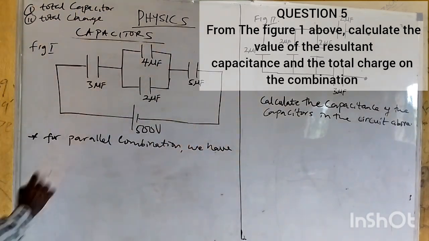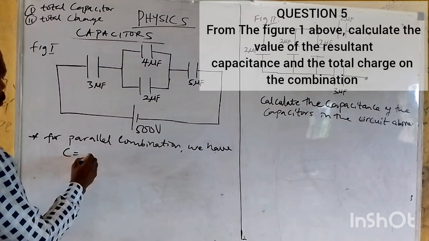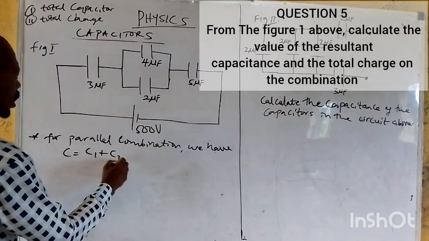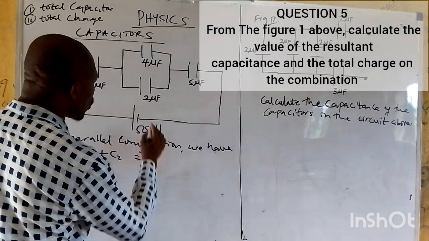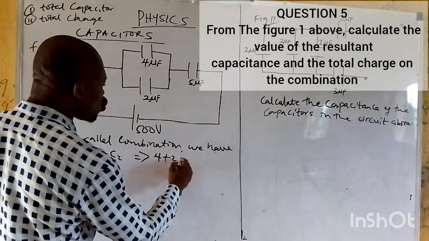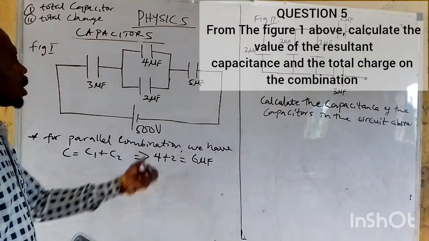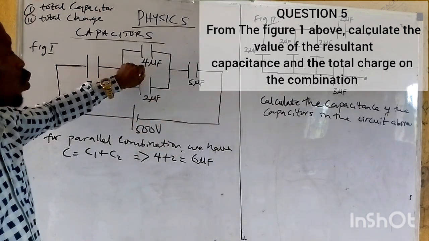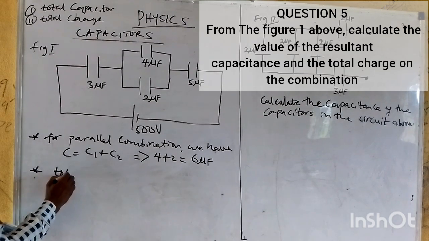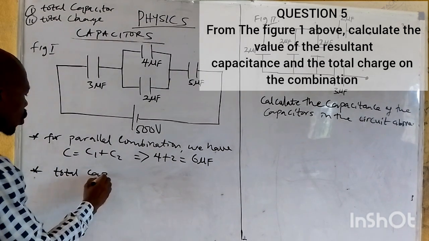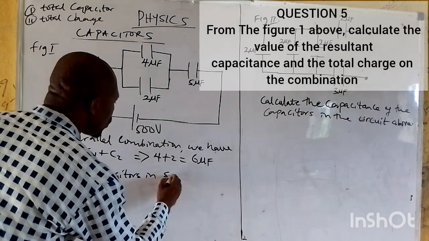So how do we resolve the parallel? We have C is equal to C1 plus C2, which is 4 plus 2, which will give us 6 microfarad. This 6 microfarad will now be in series with this. So we now have total capacitors in series.